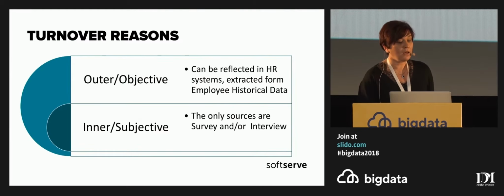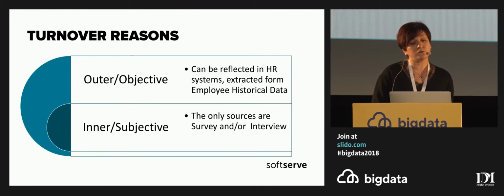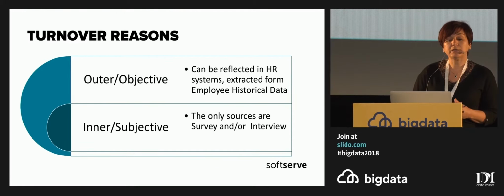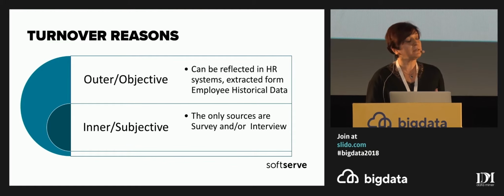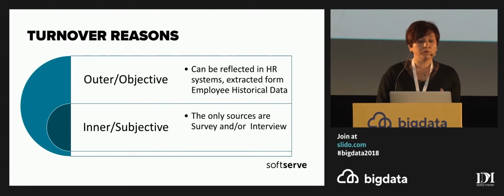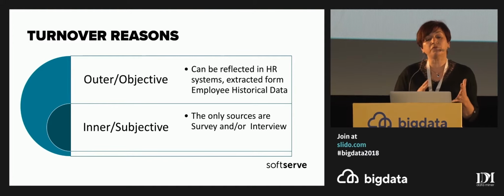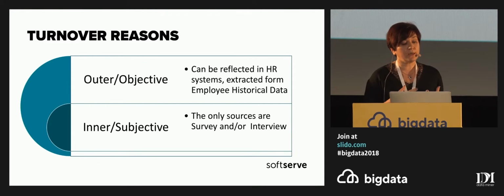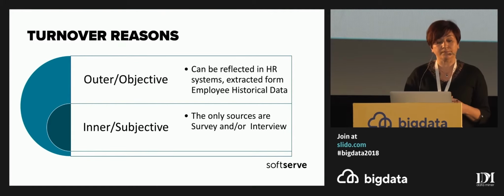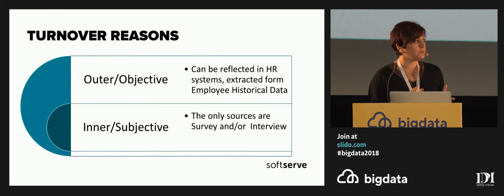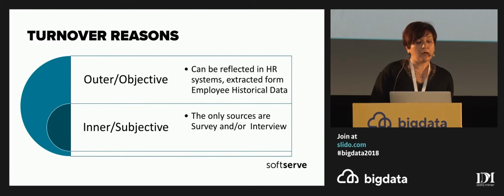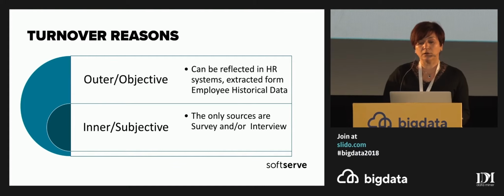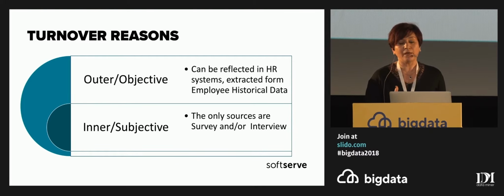A couple of words about the reasons for employee turnover. Actually, we could divide them into two groups: outer or objective reasons and inner or subjective reasons. For outer reasons, we can find indicators in HR systems, and we can extract these indicators from employee historical data. As for subjective reasons, we do not have any objective evidence.